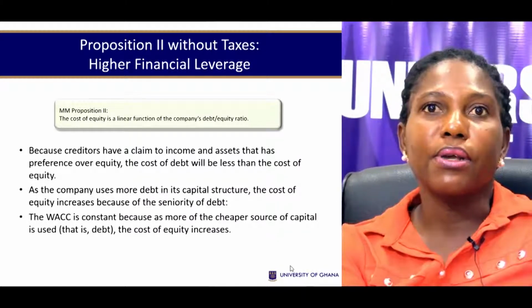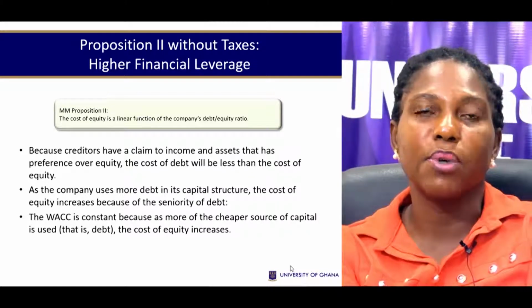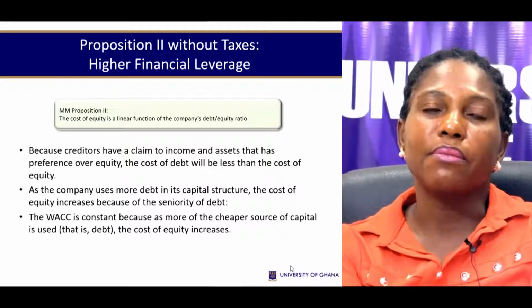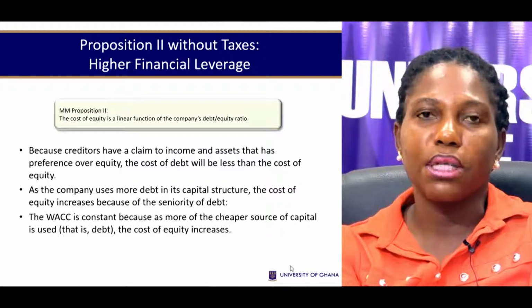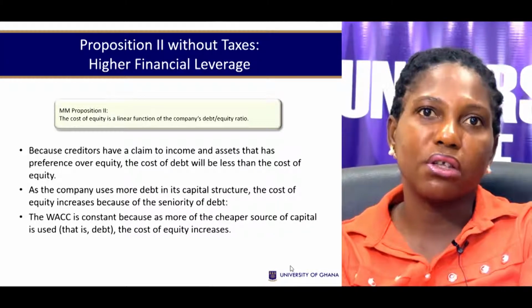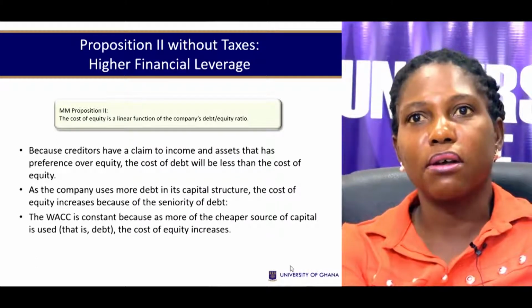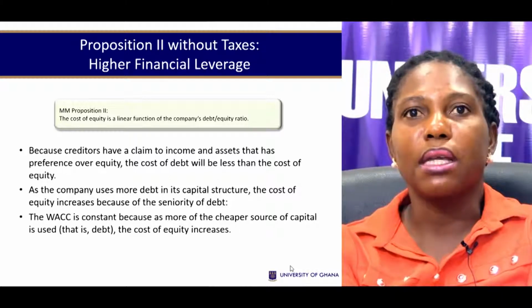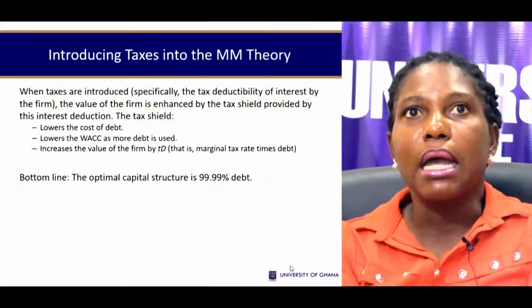So as a company uses more debt in its capital structure, the cost of equity increases because debt is given seniority, so the risk becomes more in the equity holdings, thus increasing the cost of equity. However, the weighted average cost of capital remains constant because as more debt, which is considered cheaper, is used, the cost of equity increases and it balances out.